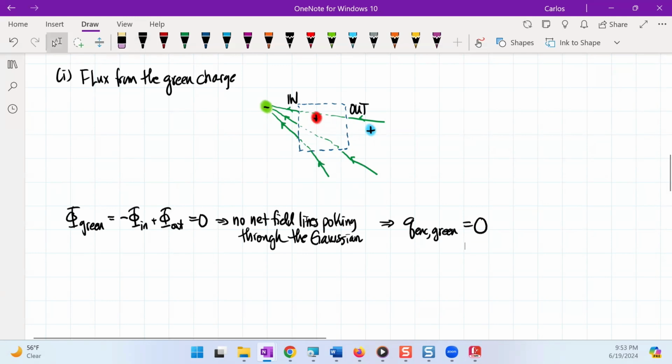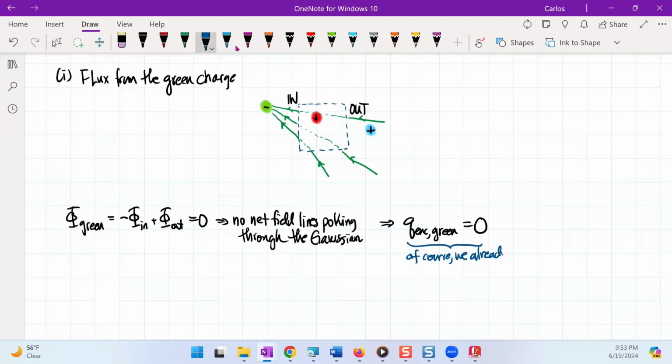Now I can repeat this process for the blue, right? And again, in this statement right here, we could say that, of course, we already knew this. I'm just being complete here.